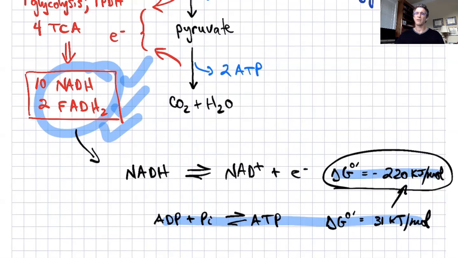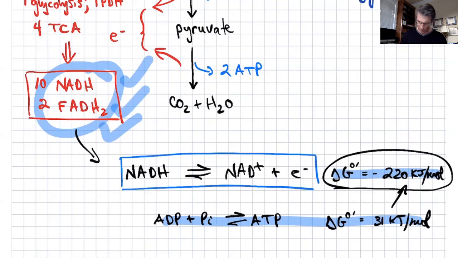But now we're in a different regime. Now we've got to think about free energy from the point of view of moving electrons around. We've got to think about why it is that pulling electrons into or out of the structure of a molecule like NADH is worth so much free energy, and thermodynamically why that's the case.